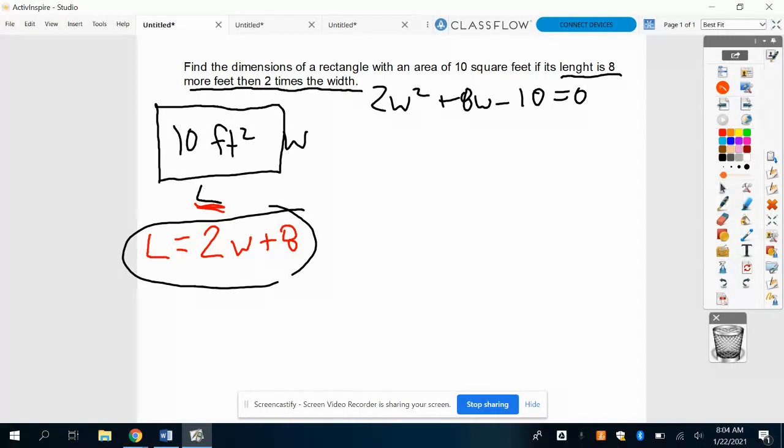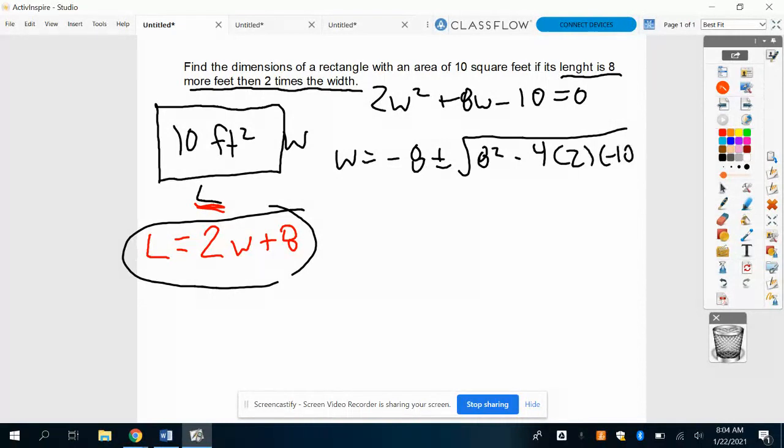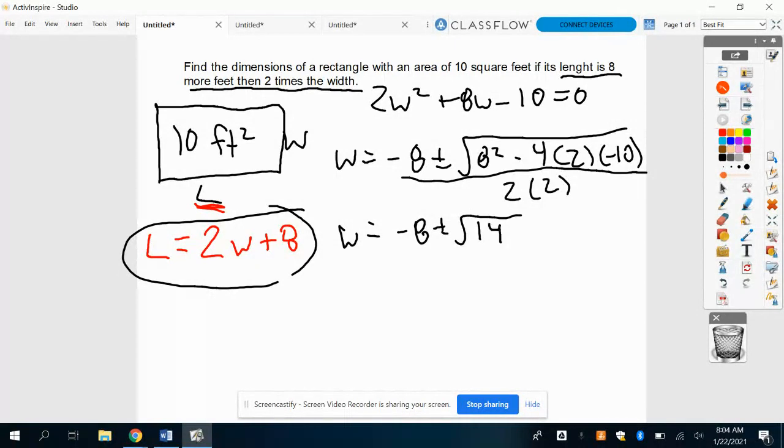When I plug this into the quadratic formula, I'm finding W. So W equals negative B, which is negative 8, plus or minus the square root of 8 squared minus 4 times 2 times negative 10, all over 2 times 2. When I simplify this out, you get W equals negative 8 plus or minus the square root of 144, all over 4.